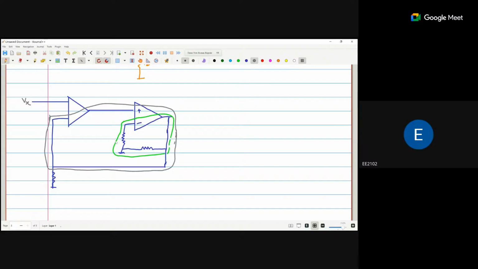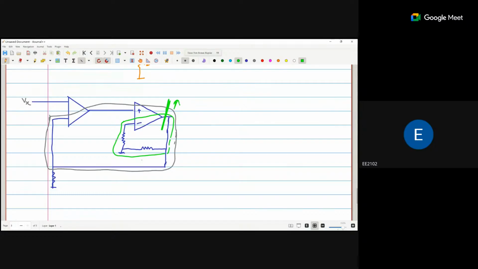The first loop is basically negative. You can check that the first loop is already a negative feedback. If we talk about the second loop, just break the loop here and increase the voltage.